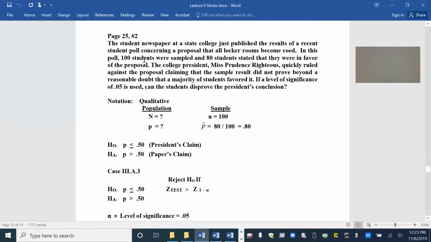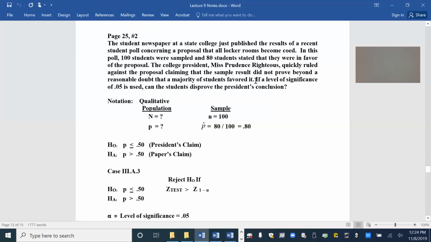In this poll, 100 students were sampled and 80 students stated they were in favor of the proposal. Whoa. The college president, Miss Prudence Righteous, we don't get along very well, quickly ruled against the proposal, claiming that the sample did not prove beyond a reasonable doubt that a majority of the students favored it.